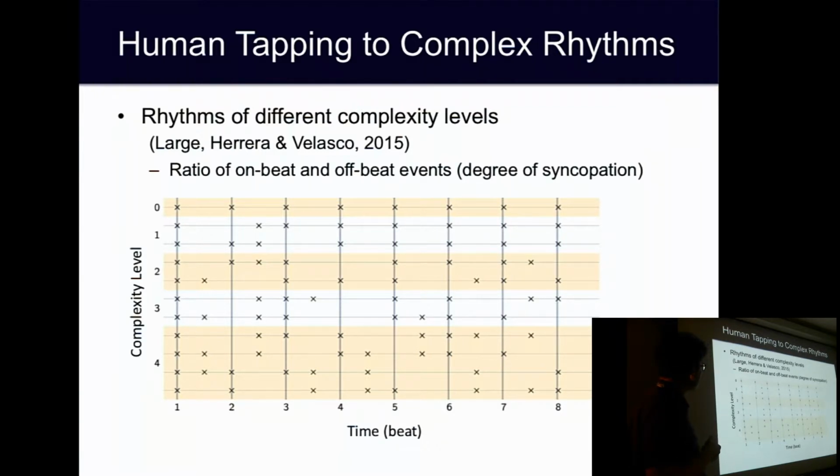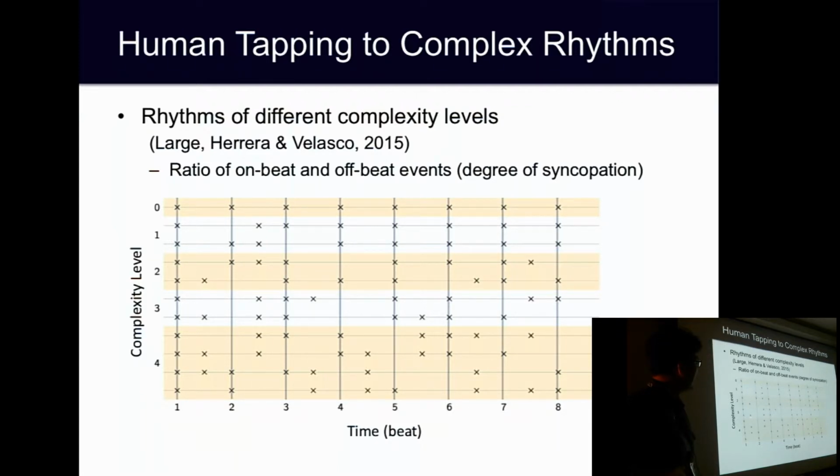Complexity level 0: this row is the level 0 stimulus, and the horizontal axis is time in beats. It's isochronous. Then at level 1, you have just one off-beat event, and at level 2, you have 2 off-beat events.